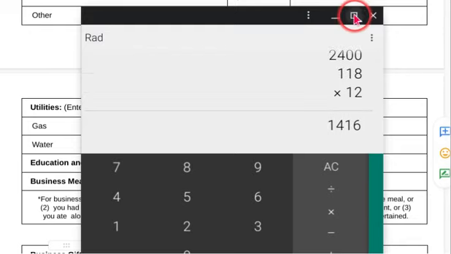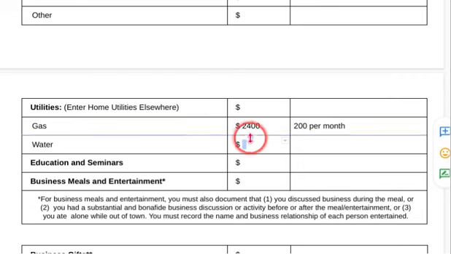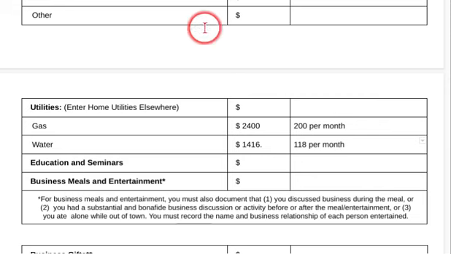Okay, that's 1416 that I spent on that, 118 a month. Remember, this has to match your record, so don't lie. Just try to be as precise as possible. I'm making up numbers. I know you guys know that.